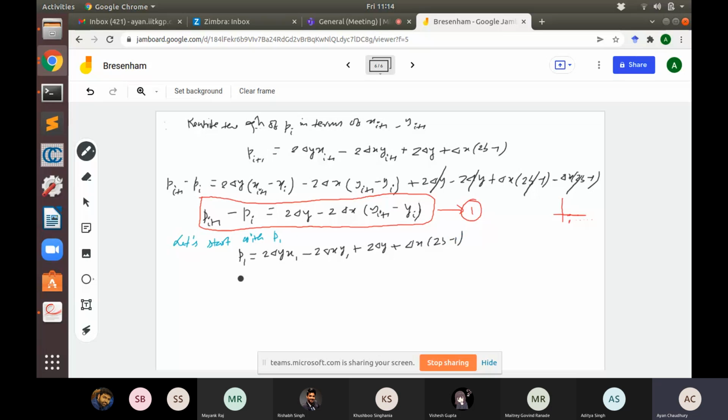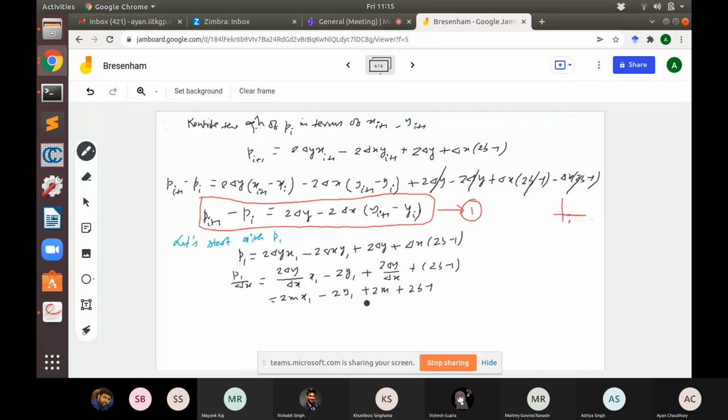So let's divide it by delta x. Then p1 by delta x will be 2 delta y by delta x times x1, where delta x gets cancelled, minus 2y1, plus 2 delta y by delta x, plus 2b minus 1. What is delta y by delta x? It's m, right? So 2m x1 minus 2y1 plus 2m plus 2b minus 1.